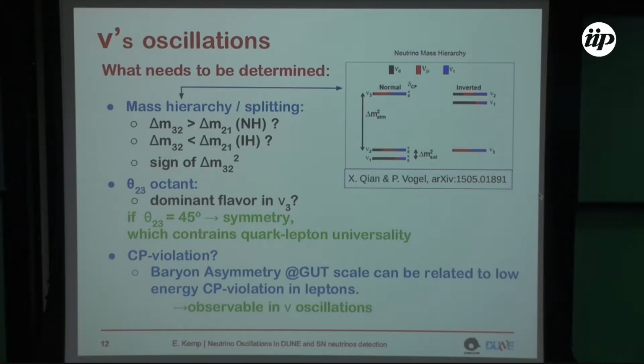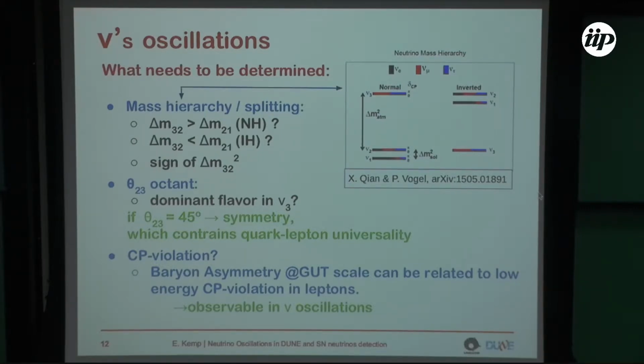So this is a very important measurement to be done, and to understand this, let's say that there is no similarity between the lepton sector and the quark sector concerning mass patterns and mixings.